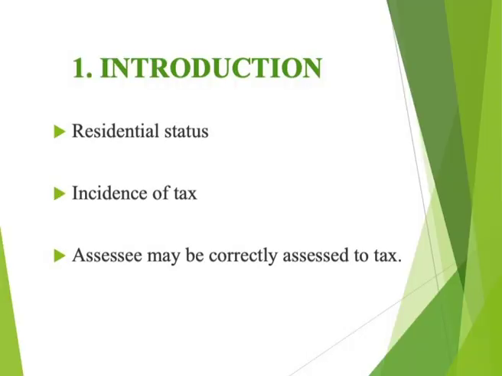So, let us now know what residential status is, how it is determined and who are the different persons that come under residential status. Now let us move to the next one. First we discuss the introduction. In the introduction, we have 3 points. The first one is residential status.